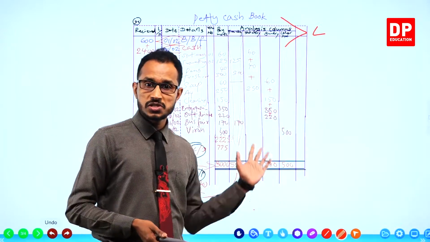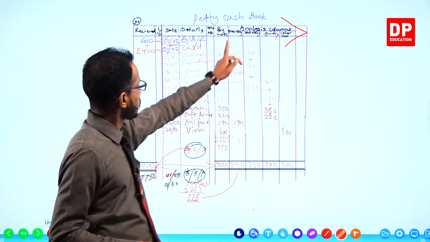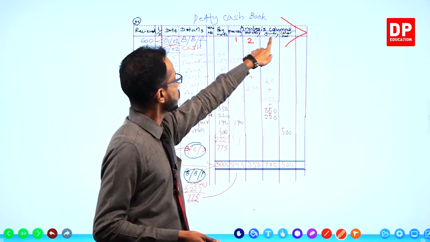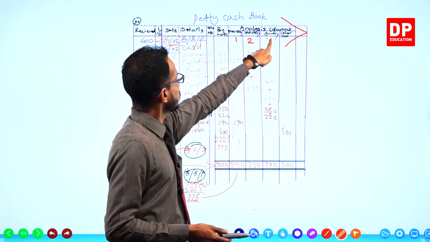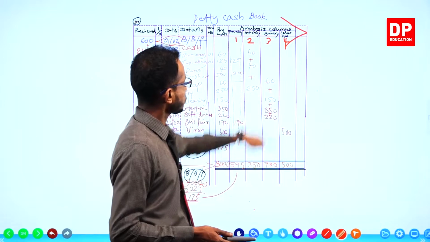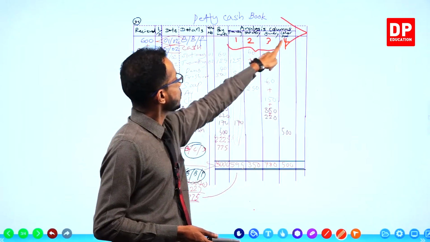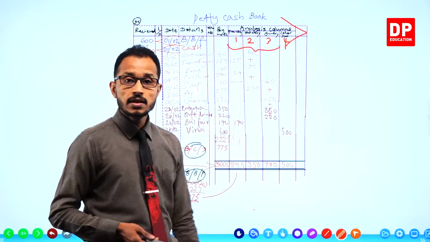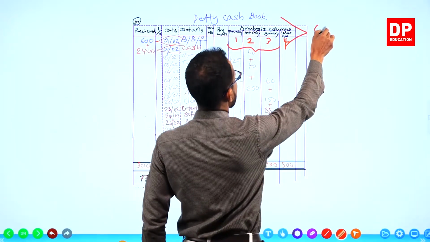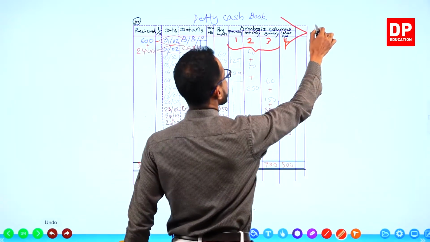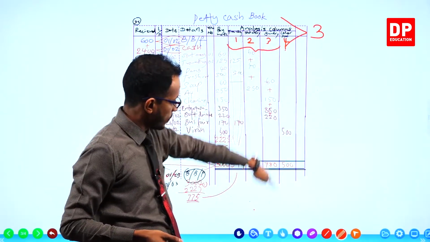Although we have 4 analysis columns, 1, 2, 3 and 4, only these 3 need separate accounts. So 3 separate accounts.